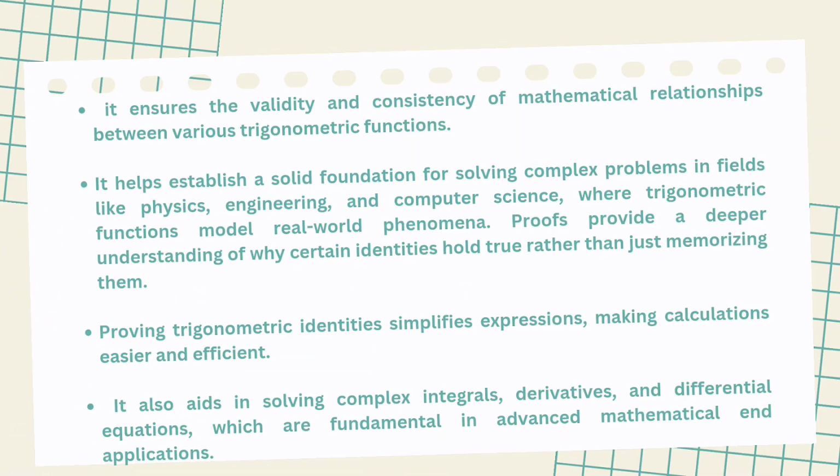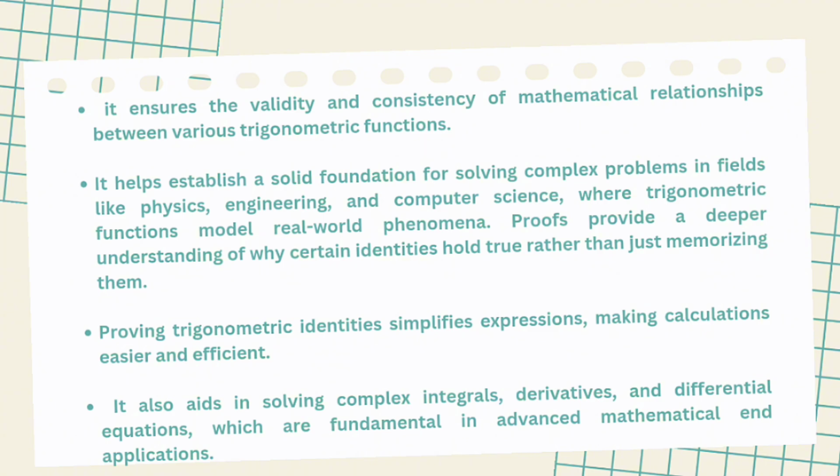Proving trigonometric identities is essential because it ensures the validity and consistency of mathematical relationships between various trigonometric functions. It helps establish a solid foundation for solving complex problems in fields like physics, engineering, and computer science, where trigonometric functions model real-world phenomena.